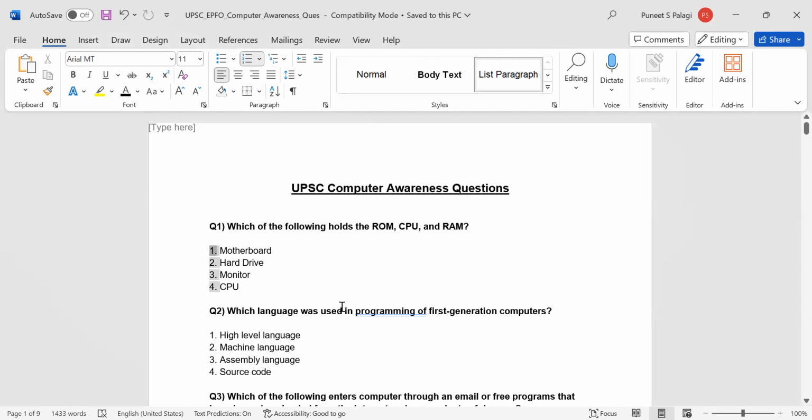I will just highlight this. Then the second question, as you can see, which language was used in programming of the first generation computers? So there are different generations of the computers. We have first generation of the computers, second generation, third generation.